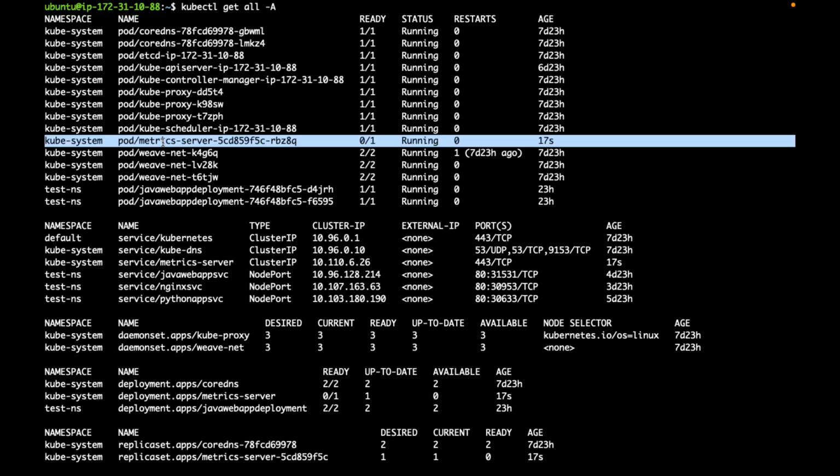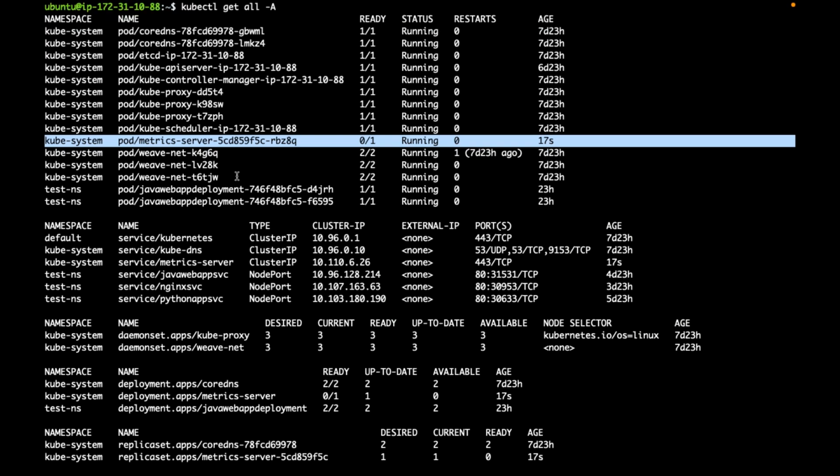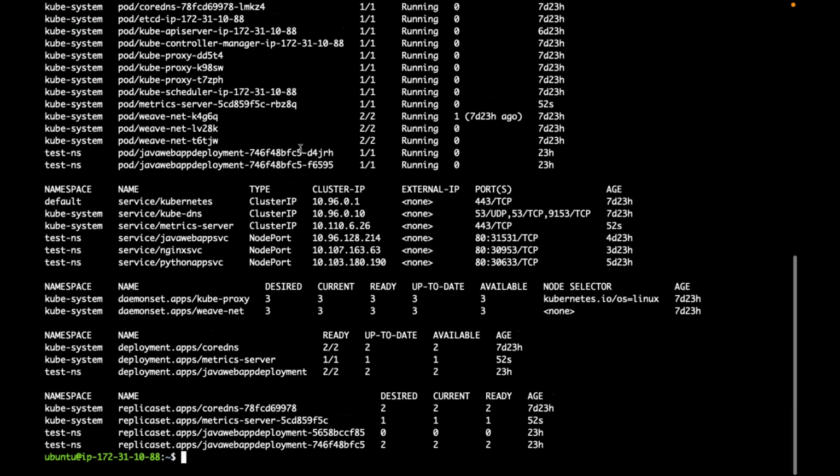This metric server pod in your kube system namespace, that container is yet to come up. Now the metric server pod is up and running.